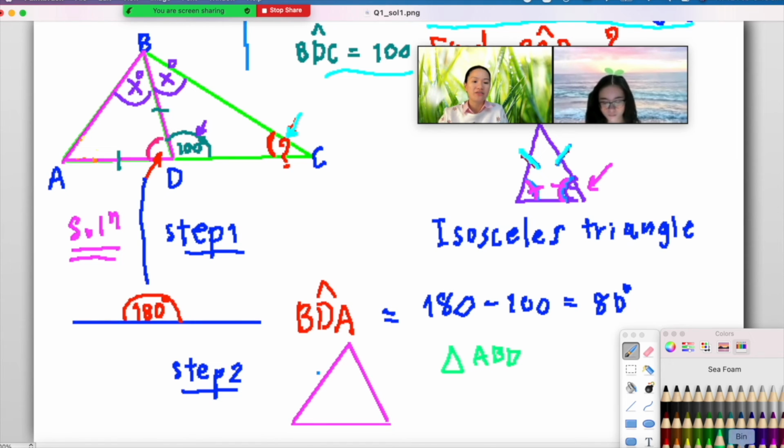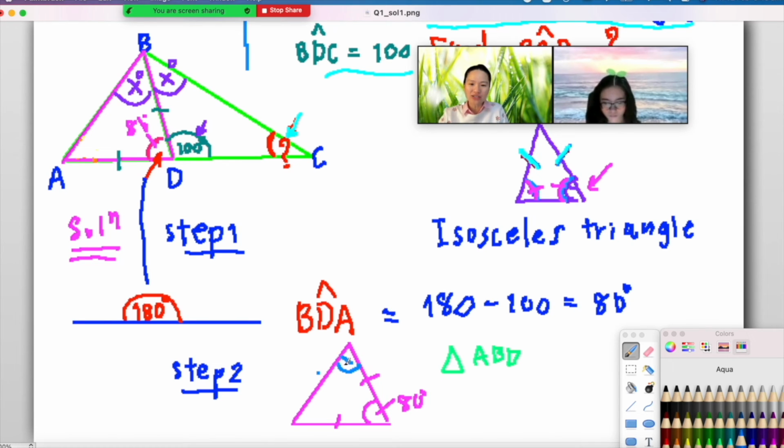ABD. So Leila, can you tell me please, they give you this side equal and we know this one equal 80 from here. We know this one equal 80. Okay, let me write down here. This angle is 80.